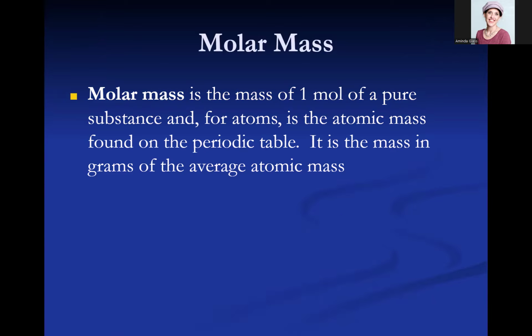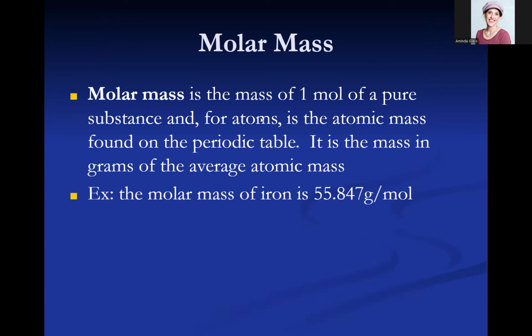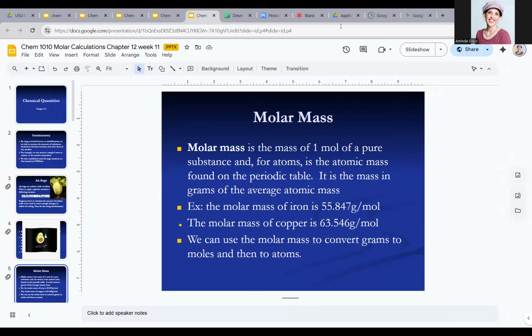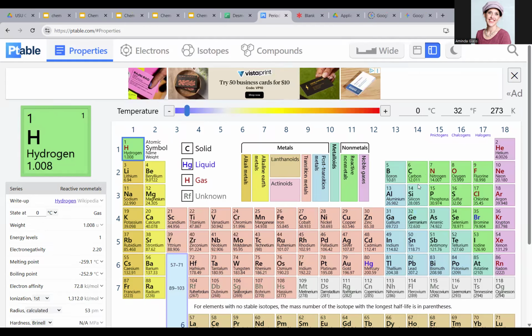Now, a molar mass is the mass of 1 mole of a pure substance, and for atoms, it's the atomic mass found on the periodic table. It's the mass in grams of the average atomic mass for that element. So if we look at the periodic table here, and we look at carbon.